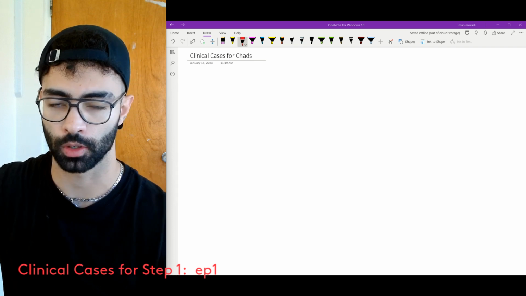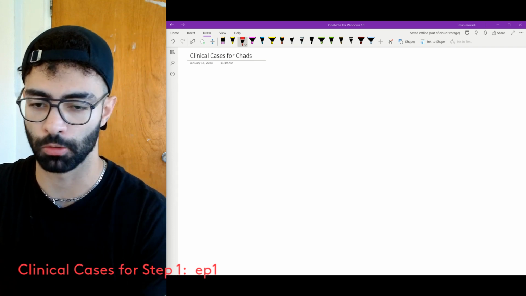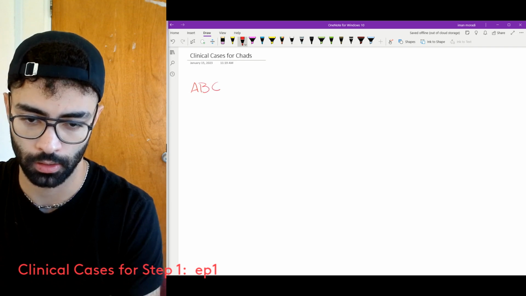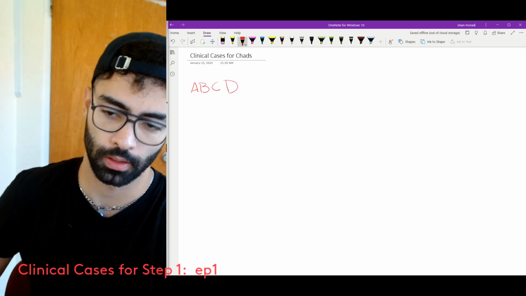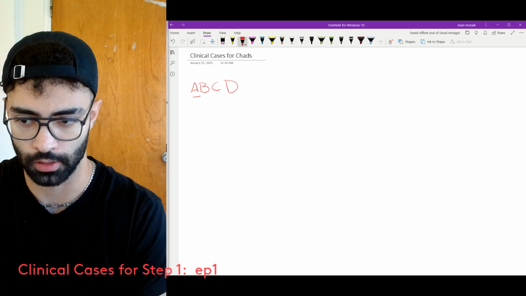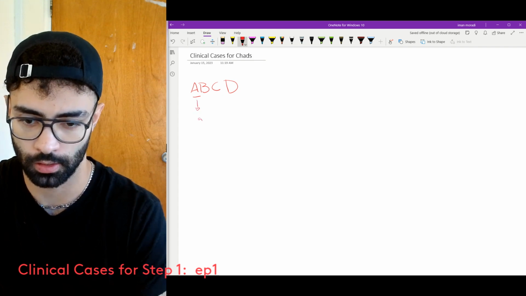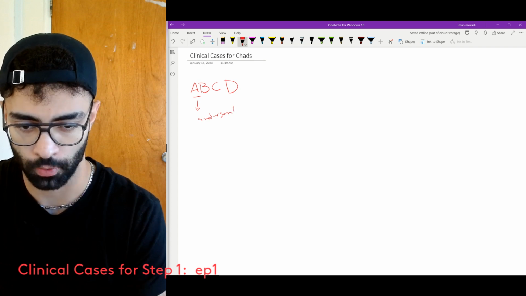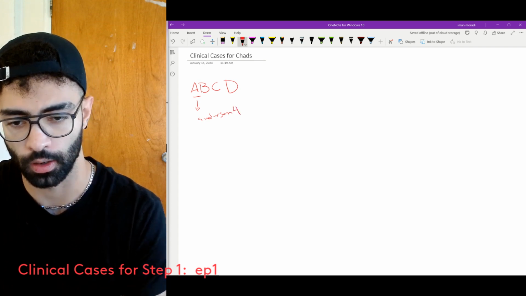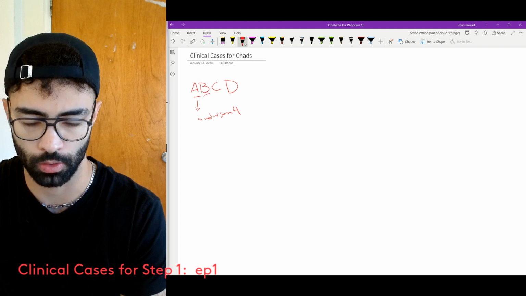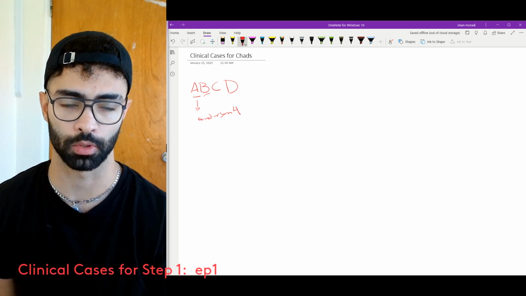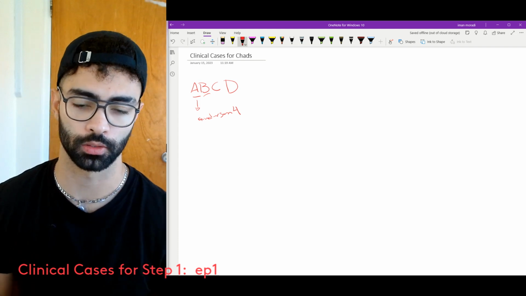So if you remember the A, B, C, D, A stands for Anderson's disease, and I think it's type 4. A is for branching, so in Anderson's disease, they don't have the branching enzyme. That means they're not able to synthesize new glycogen.